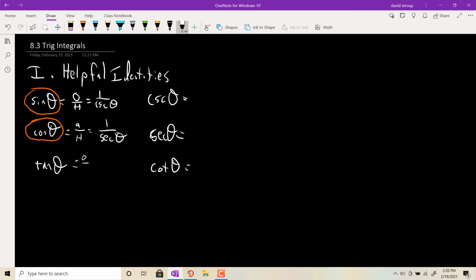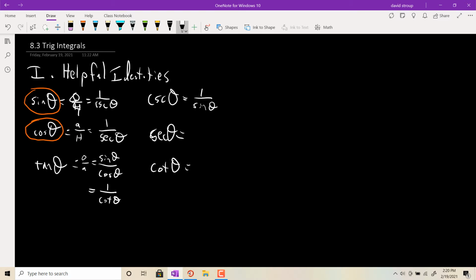So it's opposite over adjacent. There are two identities for tan: the quotient identity, which is sine theta over cosine theta, and the reciprocal identity, 1 over cotan theta, right? Cosecant, of course, is 1 over sine theta, and hypotenuse over opposite.